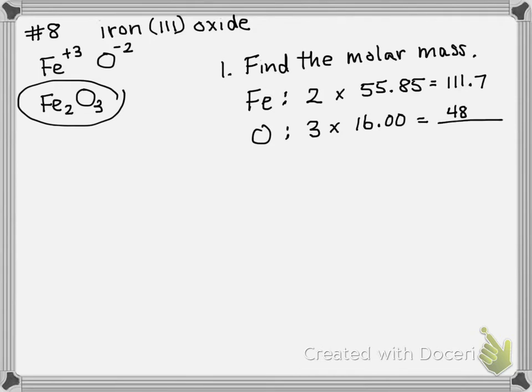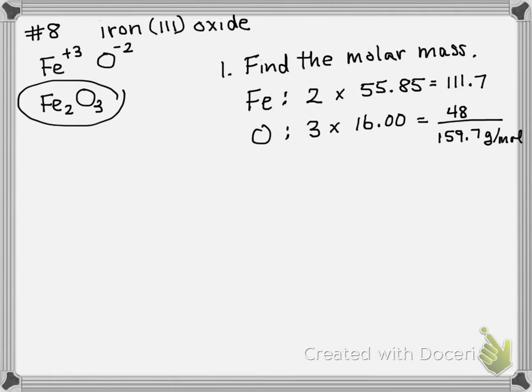So now I'm going to add these two together to get my molar mass. And I get 159.7. So remember, this is 159.7 grams per mole for our molar mass.